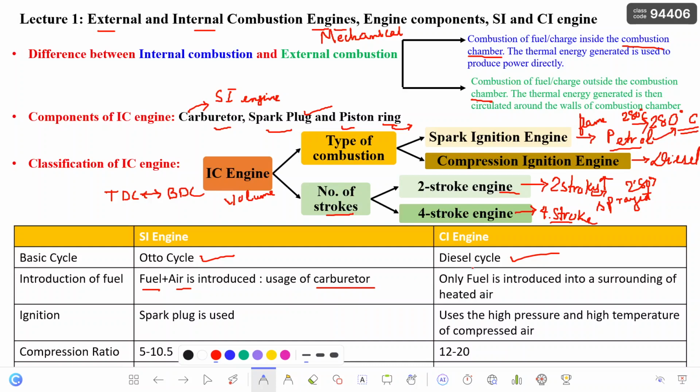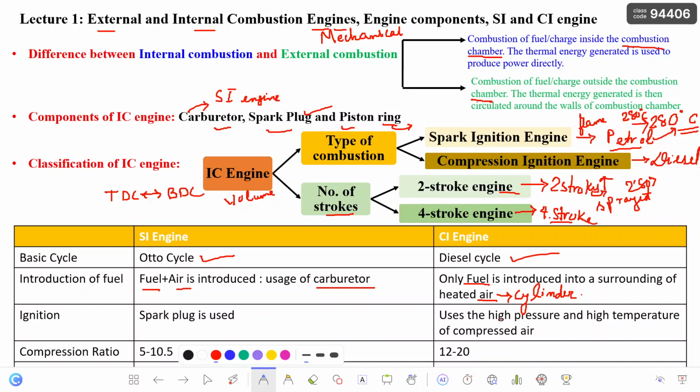And then comes the CI engine. In the CI engine, the fuel is not sprayed initially. First, air is sucked inside the cylinder. Now this air is compressed, and at a particular temperature the fuel is sprayed, and then it catches fire and there is combustion. In the SI engine the spark plug is used, whereas in the diesel cycle we have high pressure and high temperature.